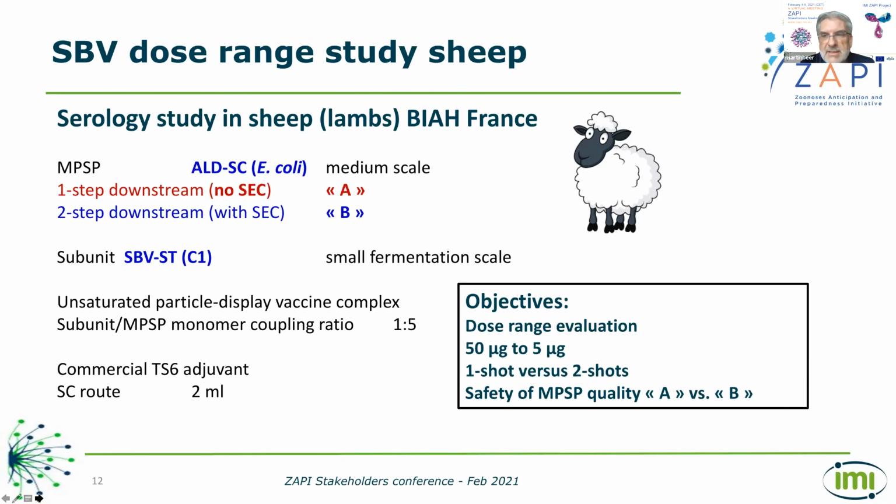The objective this time was a dose range evaluation. So use 50 micrograms down to 5 micrograms, 1 shot versus 2 shots, and also some safety issues concerning size exclusion cleaning up. So this means no SEC, no further secondary cleaning, or with the additional purification step. And this was done in lambs at Boehringer in France. Next slide, please.